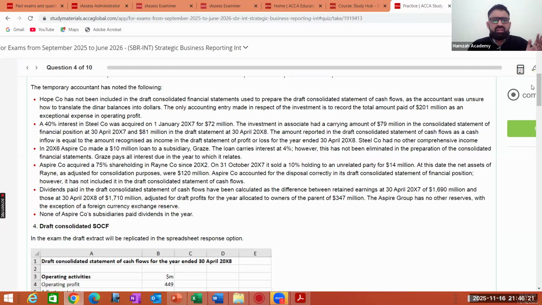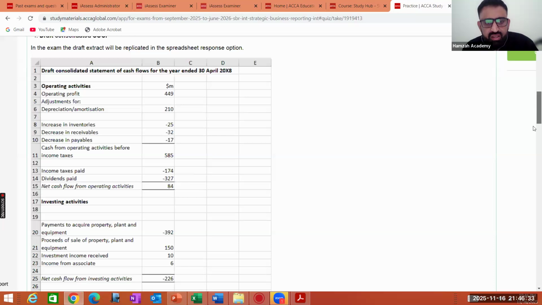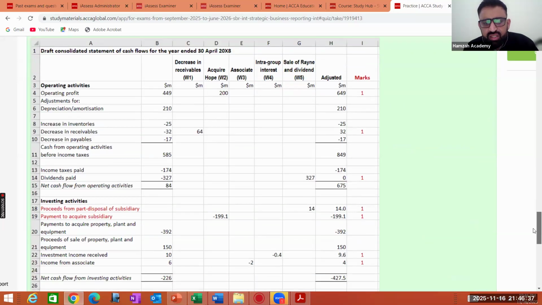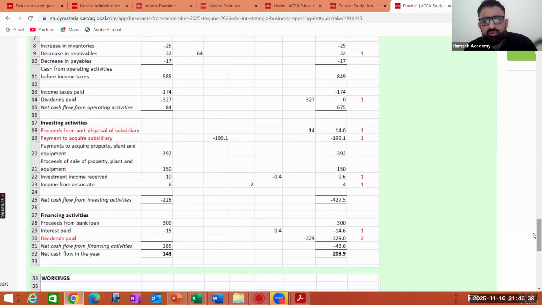Grace pays the interest and the parent company receives the interest, and that would be 10 million into 4%, that would be 0.4 million. Now, intra-group interest income or expense, we eliminate, we do not consolidate it.